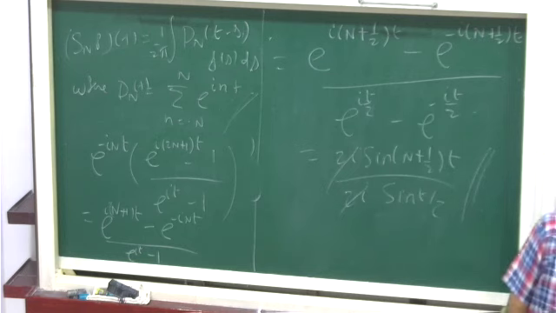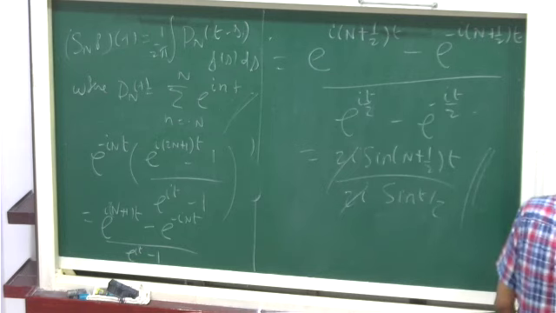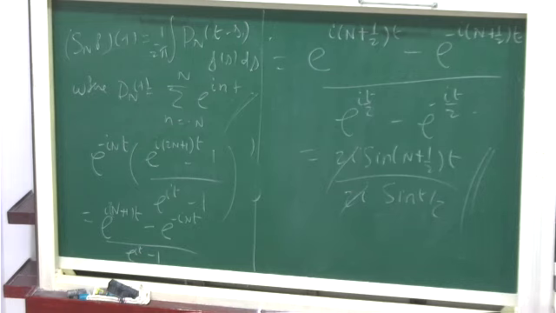Now this is greater than or equal to mod sin t by 2. Sin t is less than or equal to t when t is greater than 0, right? That's clear? Sorry, t minus sin t is greater than or equal to 0. Okay. At t equals 0, it is 0. If you differentiate it, you get 1 minus cos t, which is greater than or equal to 0. If it is positive, at 0 it's 0.